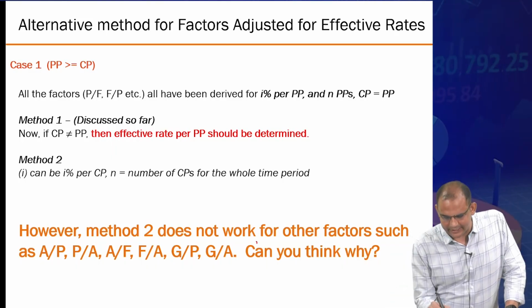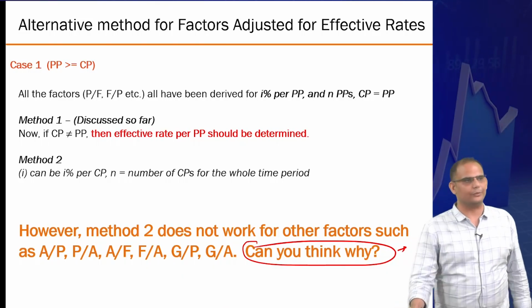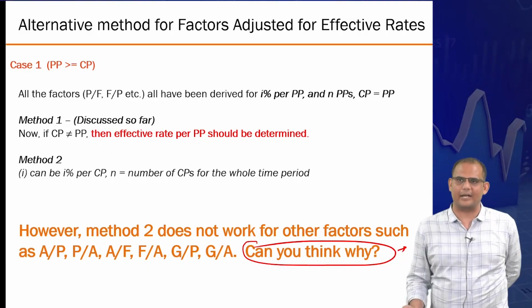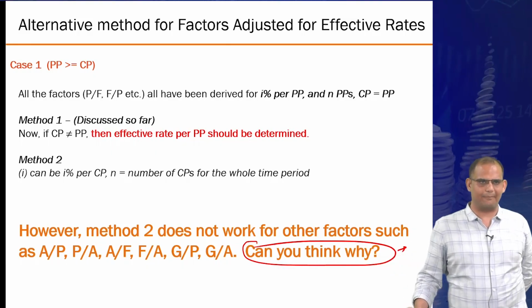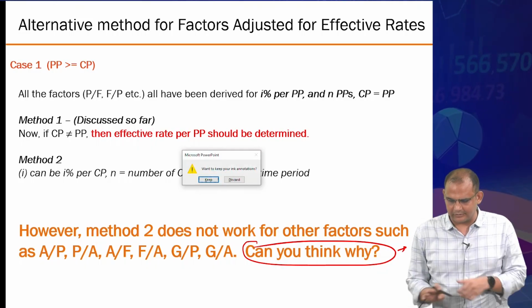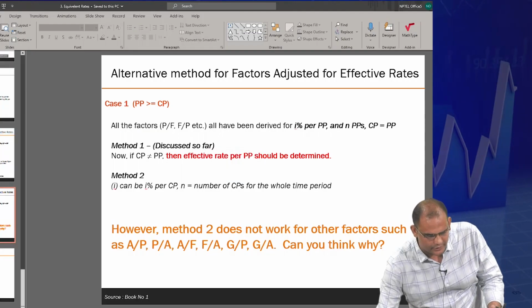If you are not able to get this answer, let me know. We'll try to cover it sometime soon. But it's available. Draw the cash flow diagram, you will be able to get an answer on why it is happening, why it is not happening. This is a bit tricky. It will be more handy when you are dealing with real world situations.